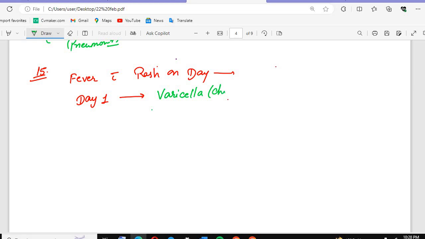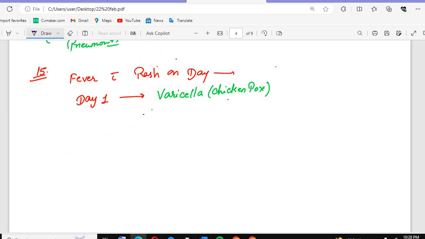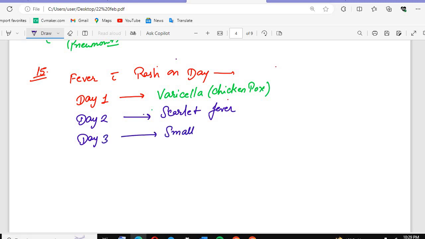The cause of varicella is chicken pox. Then day 2, remember, that is scarlet fever. The rash in scarlet fever comes on day 2. Day 3 we have smallpox. Day 3 is seen in smallpox.